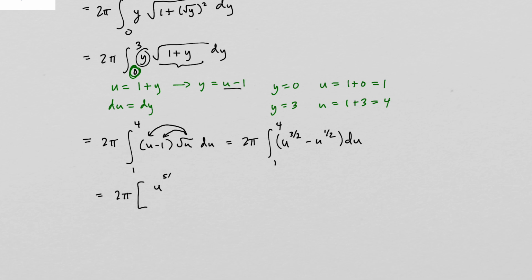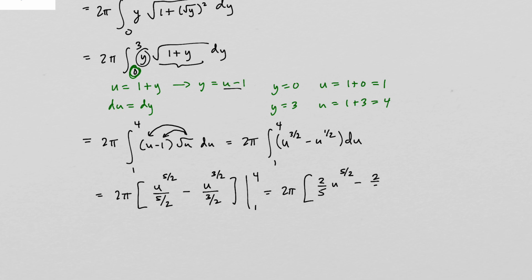Integral of u to the 3 halves is u to the 3 halves plus 1, which is 5 halves, divided by 5 halves, minus the integral of u to the 1 half, which is u to the 3 halves, divided by 3 halves. Let's go ahead and simplify just a little bit more here. We're going to say 2/5 u to the 5 halves minus 2/3 u to the 3 halves. And now we're going to plug in our limits from 1 to 4.